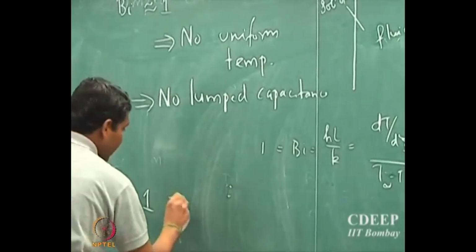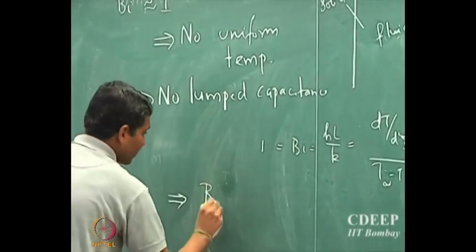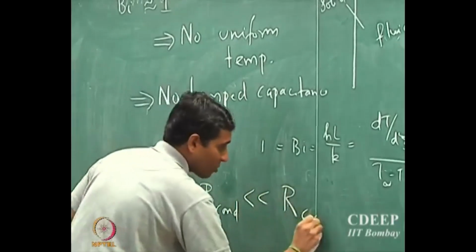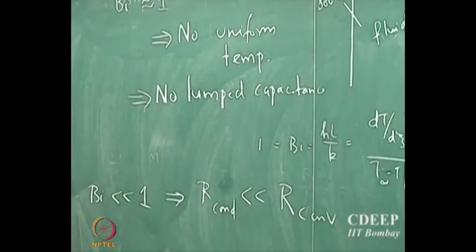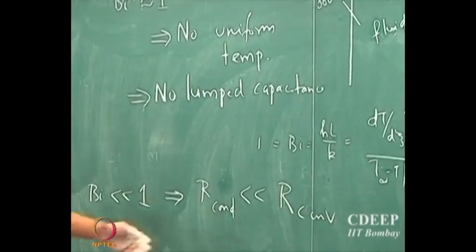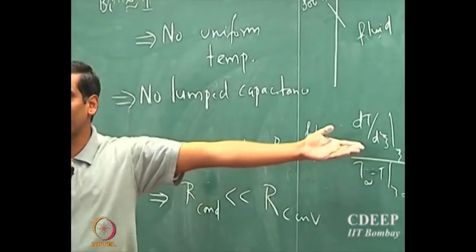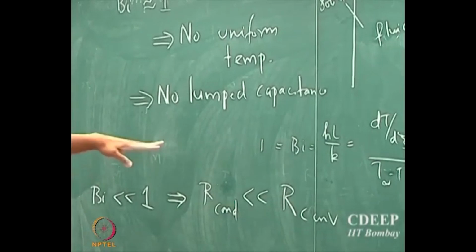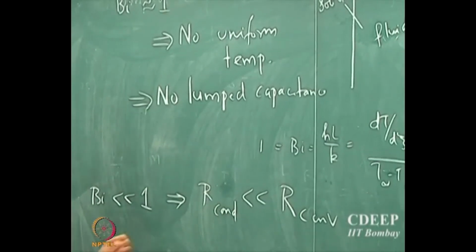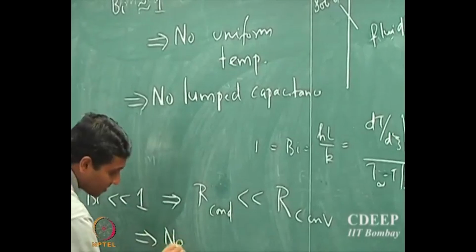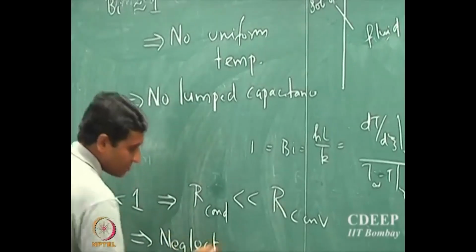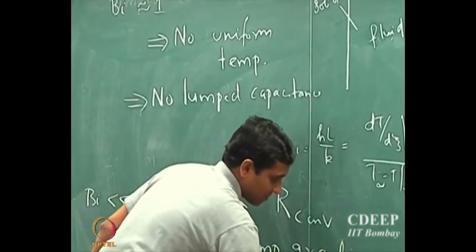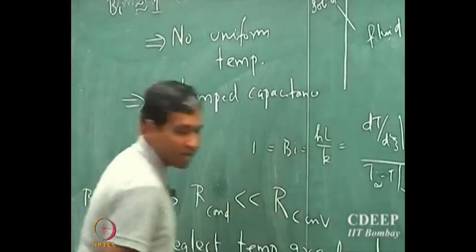Okay. This means that the resistance of conduction is much smaller than resistance to convection. So what does it mean? That the temperature gradients inside the solid is going to be very, very small. So you could neglect. It doesn't mean that there is no temperature gradient. All you can assume is that you can neglect the temperature gradients. It's very important to qualify this.